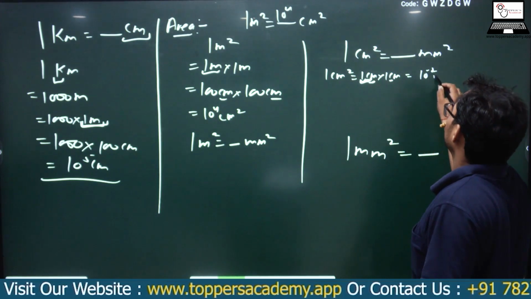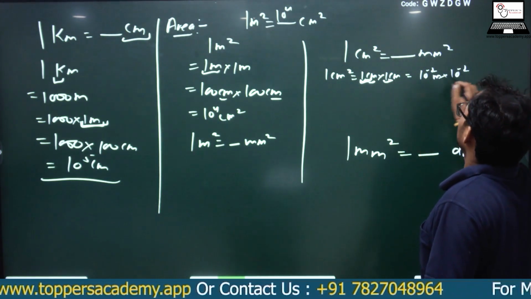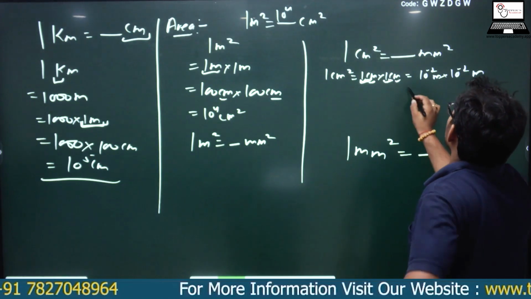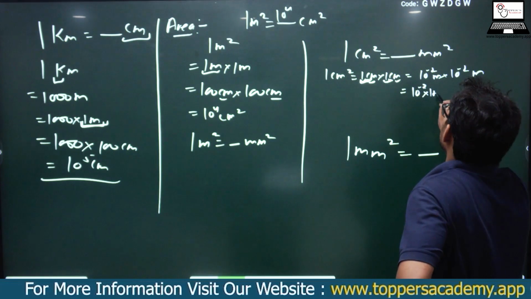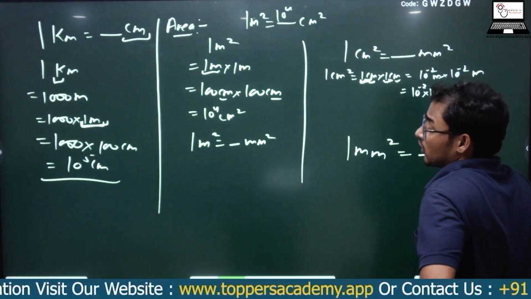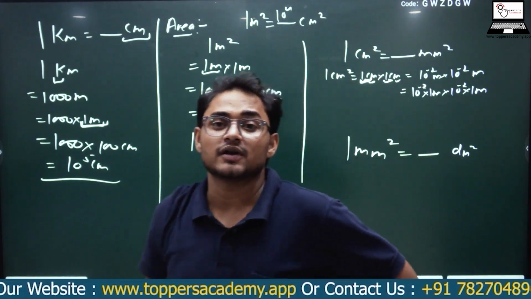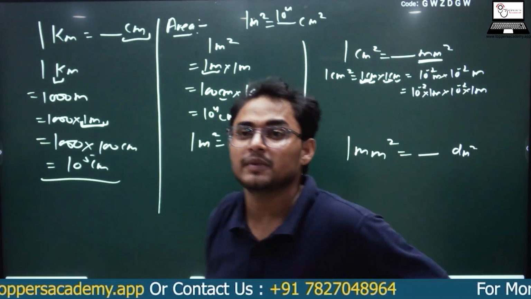In place of meter, meter. In place of centi, 10 to power minus 2. In place of meter, I am going to write meter. Now listen, my dear student, 10 to power minus 2, I can write into 1 meter now. Because I am going to put the value of 1 meter in terms of millimeter, because I require the answer in terms of millimeter now.